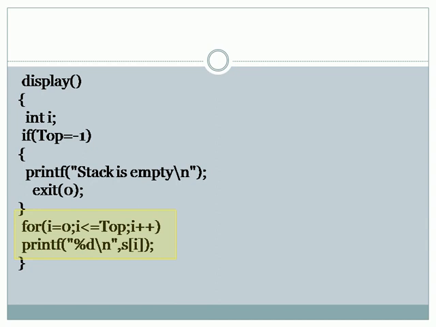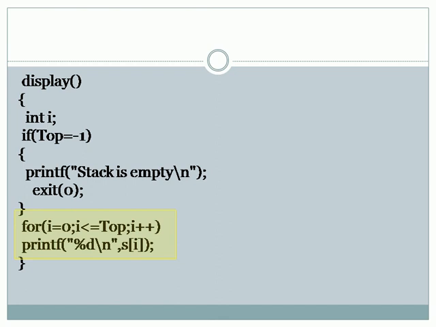Then i is incremented by 1, i becomes 1, 1 is less than 3, so again the condition is true, the printf will display s of 1, that is value 20. Then i is incremented by 1, the new value of i is 2, 2 is less than 3, it will again enter the body of the loop, s of 2 is displayed which is the value 30.